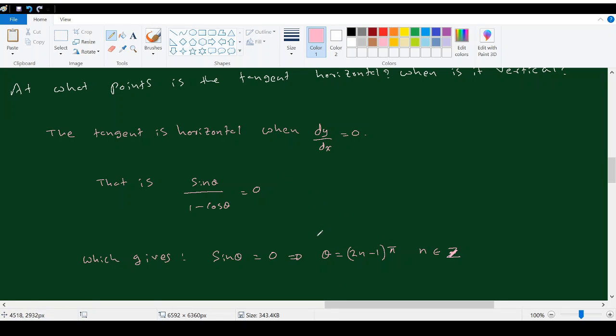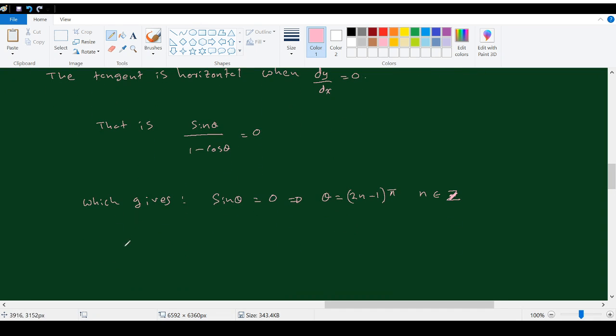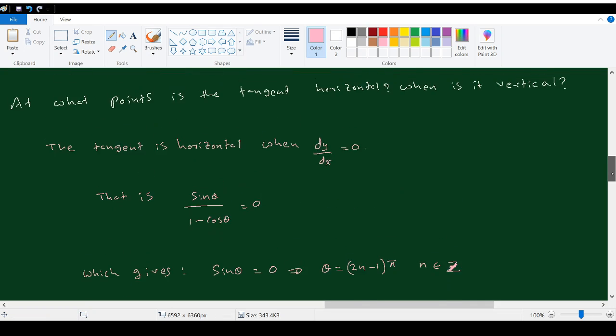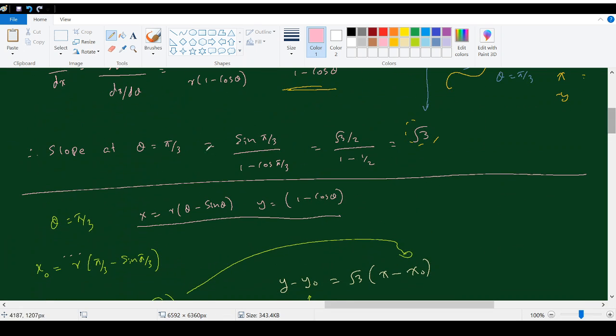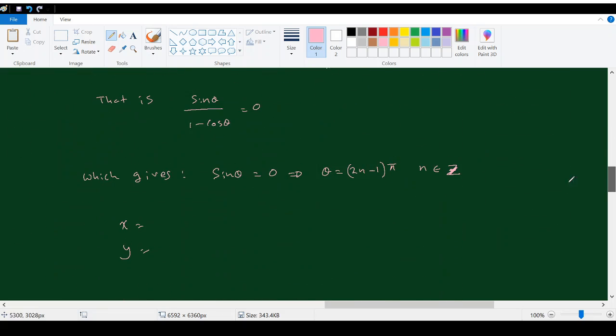And remember, this is the value of theta that makes the dy by dx 0, but you have to find the corresponding x and y values. So you can compute it by substituting it in the given original equation, this one. So to calculate x, when you substitute this one, you will get 2n minus 1 pi minus sine theta, which is equal to 0.